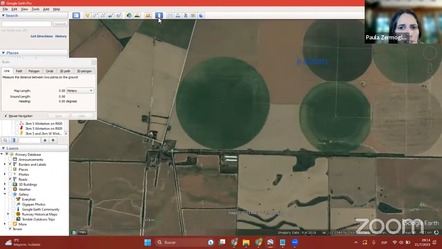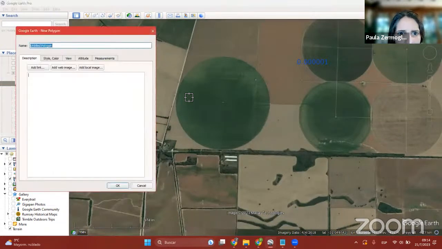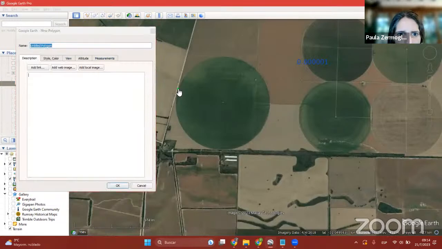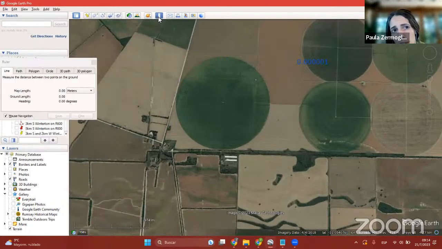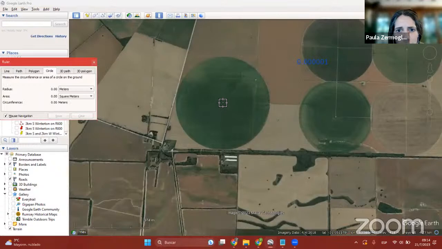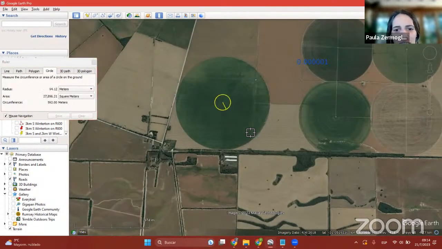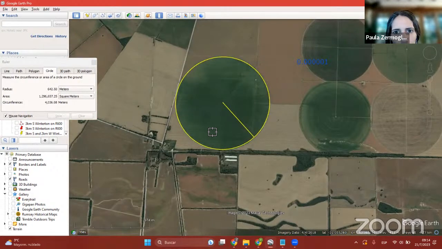If I had to draw a polygon, I would have to come here and try to make a circle all around. I can do that with a circle already, and here I have the center even marked for me. This is very easy. I draw my circle here that includes all this location.